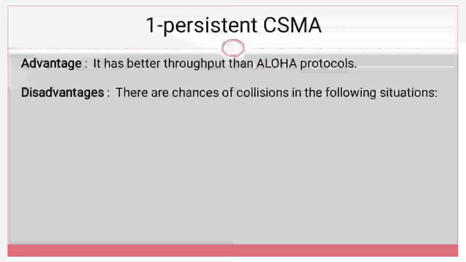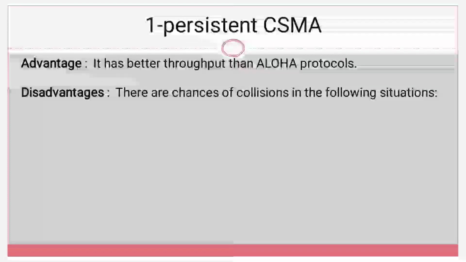If we reduce the number of collisions, then automatically the throughput, the efficiency, is improved. Efficiency is nothing but throughput. That's why one advantage of one persistent CSMA is better throughput than Aloha protocols.